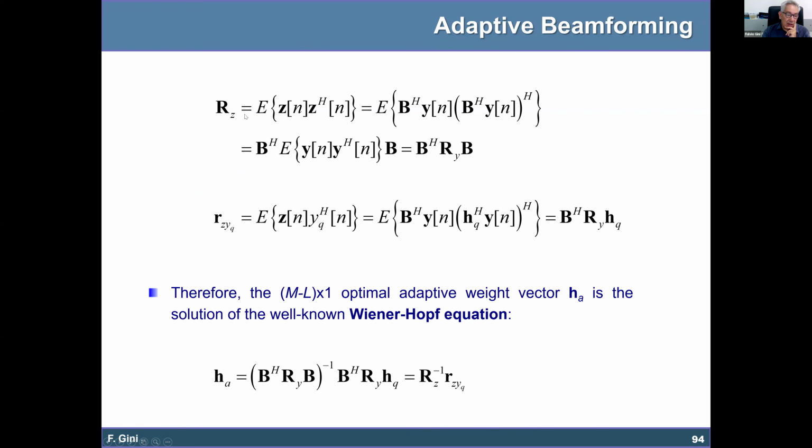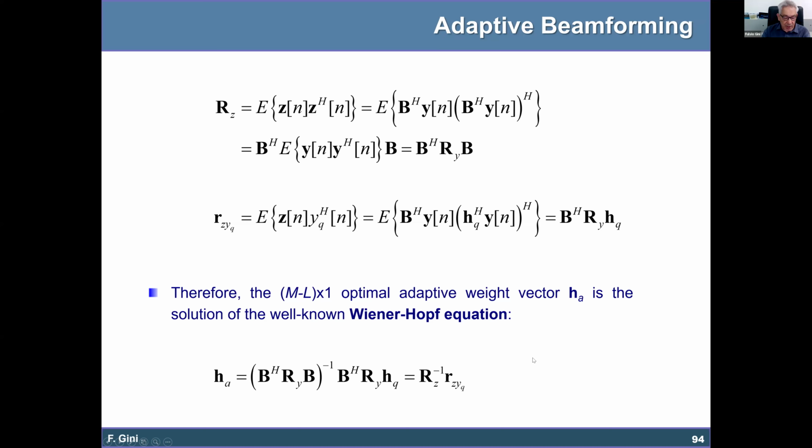So RZ is the covariance matrix of the data. You calculate this expectation, you find this solution. The cross correlation between Z and the desired signal is this one. And so the optimal HA that we found is nothing but the solution of the Wiener-Hopf equation.